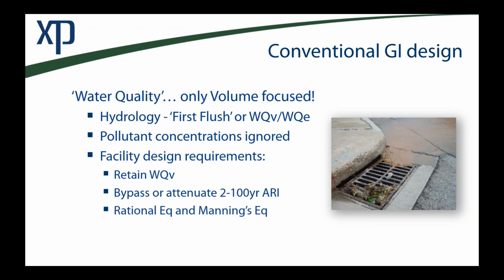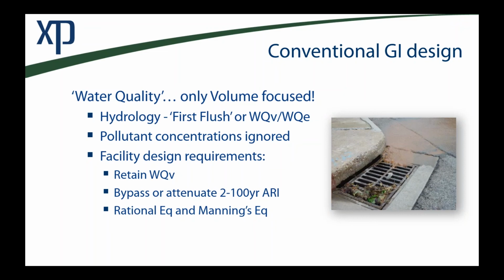So we're going to treat, retain and infiltrate that more minor event, that water quality volume. But then we still need to design safe flow and appropriate drainage across our site for the higher flooding events, the 2 through 100-year flood events. So we're going to reiterate our sizing for our water quality storm, and then size our facilities, our drainage paths, and the outfalls for the typical progression of the larger storm events.